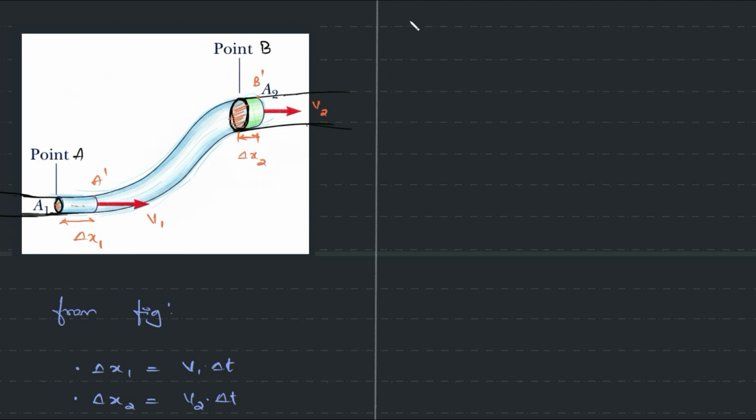Now, mass m1 of fluid through A1, at point A we have A1, and this is represented by A2.